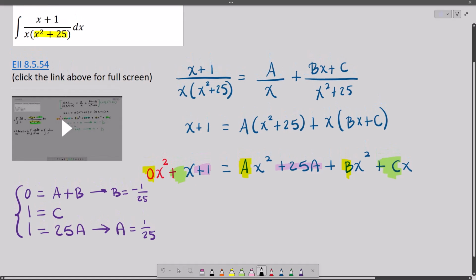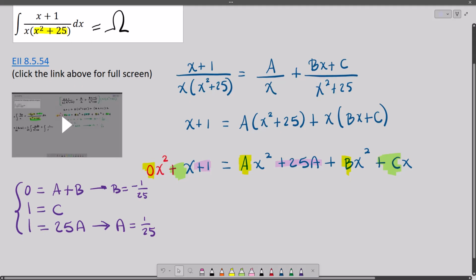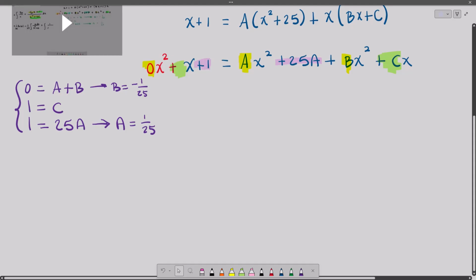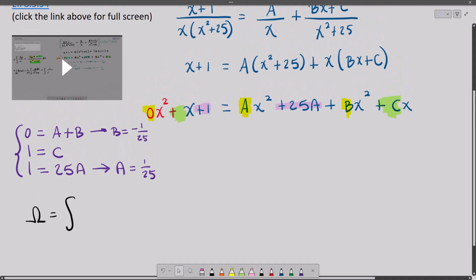I'm going to call the integral omega just to refer to it. I don't want to write all the way up there. So omega will equal the integral of a divided by x.